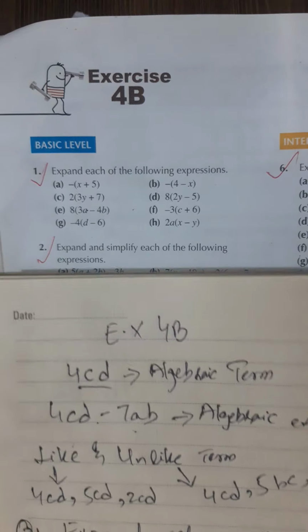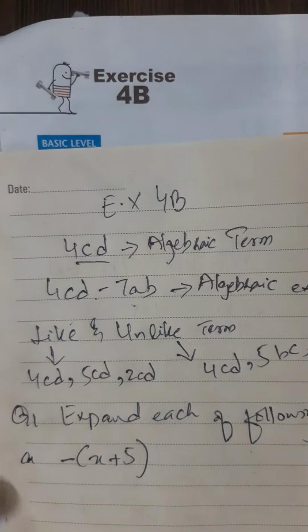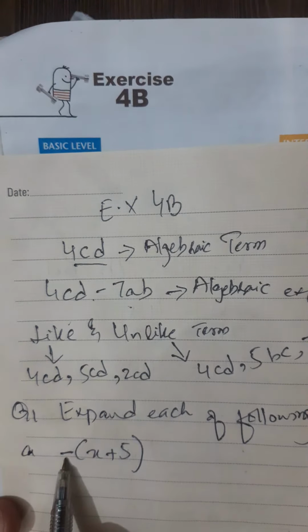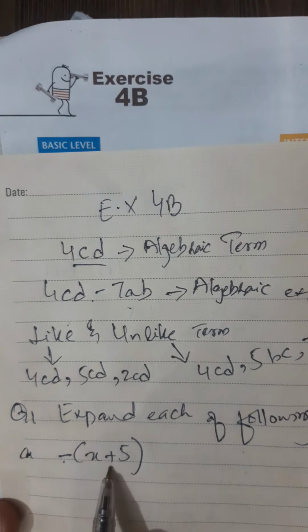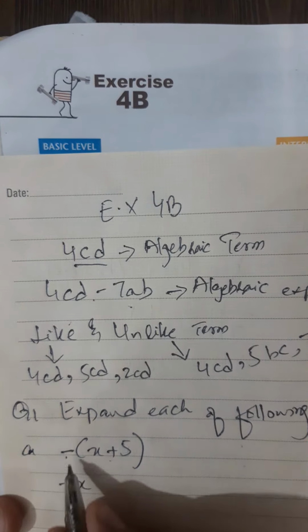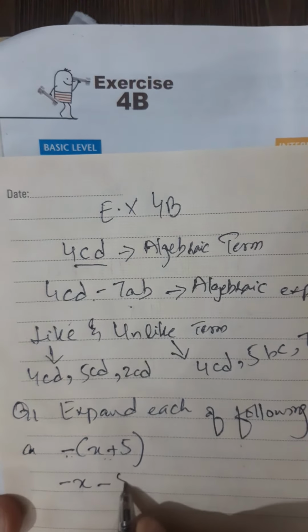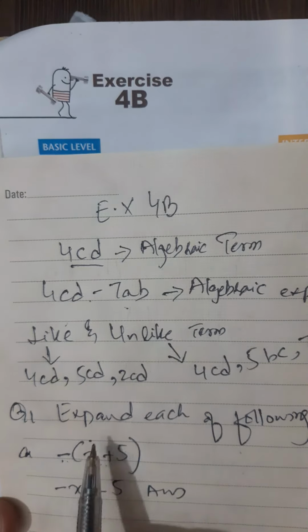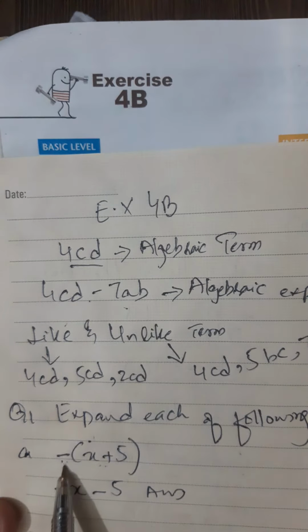Whenever we have a minus sign outside, it will change the inner sign, so it will be minus x minus 5. So this is done. We are going to expand it.